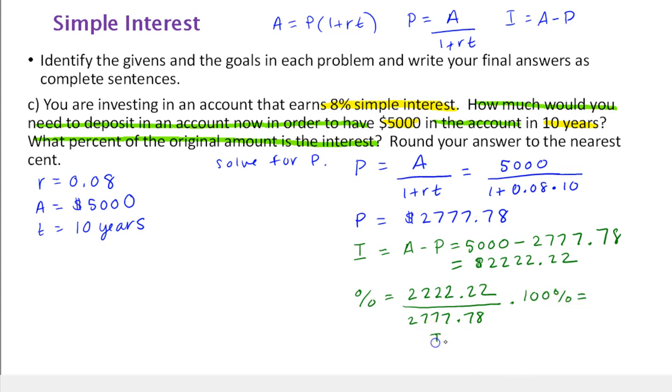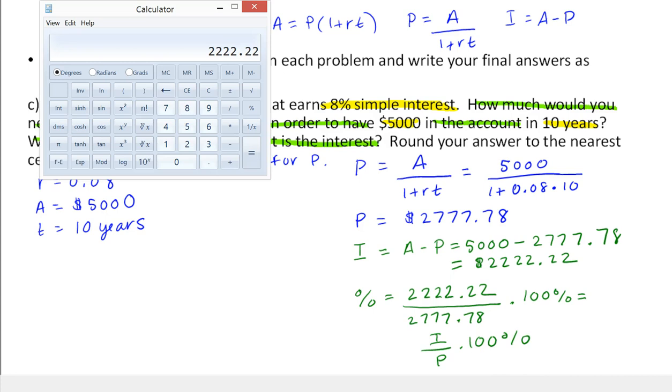So this was interest over principal times 100%. And we have the interest already in there, so let's divide by the principal, 2777.78 times 100.